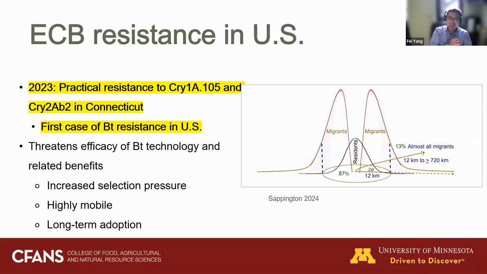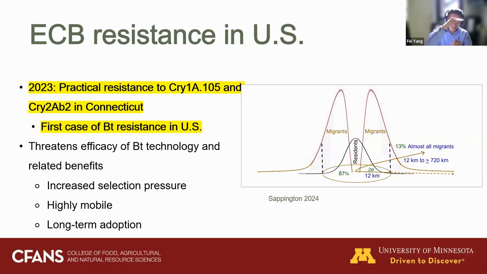And more concerning, in 2023, we found the first cases of practical resistance of European corn borer to Cry1 and Cry2Ab2 in Connecticut. This marked the first case of Bt resistance in the US. There are several reasons driving the resistance of ECB.